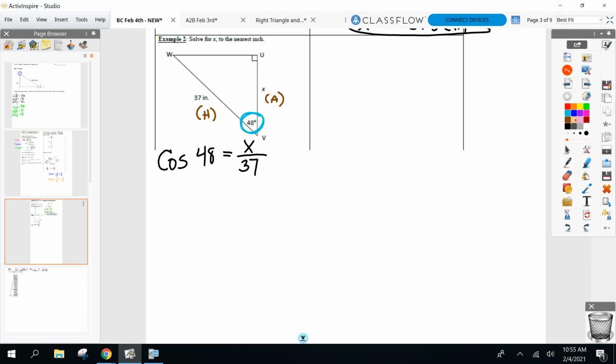All right, put it over 1 if it makes you happy. You don't need to though, but put it over 1. And let's cross multiply. Oh, look what happens here. X equals cosine of 48 times 37. You guys see there's no reason to divide. Sometimes we may have to divide. Here we don't. We just now go to the calculator.